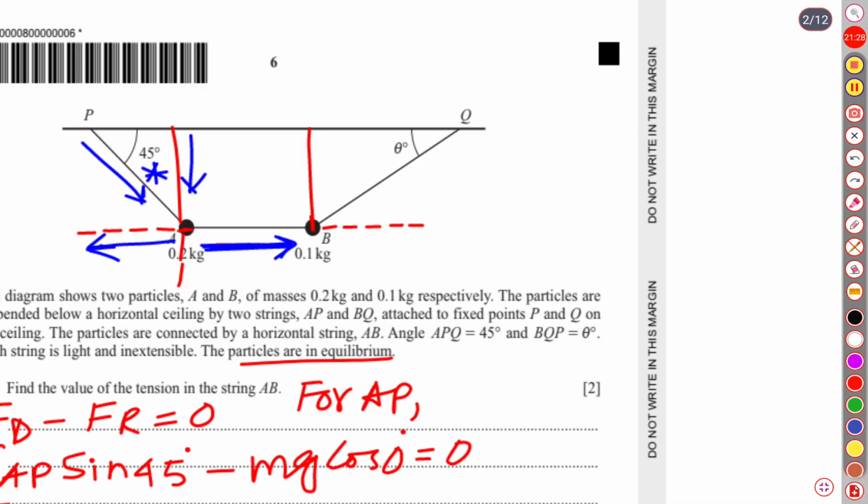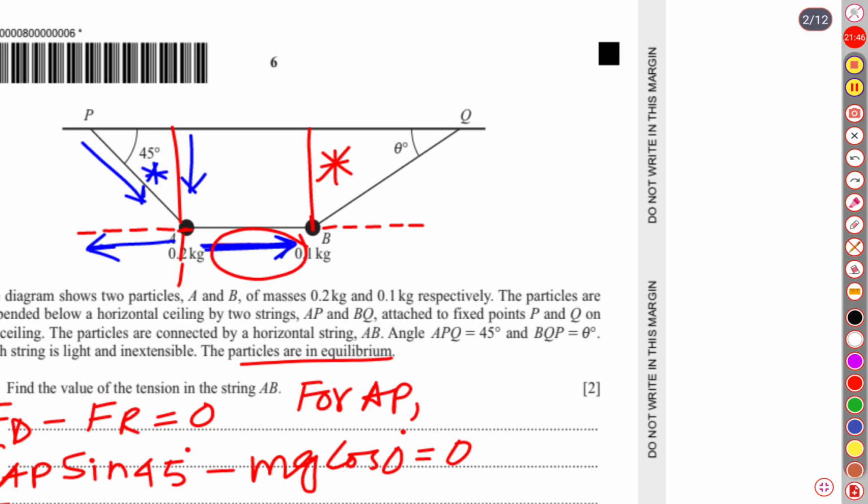And what is the negative force? For this triangle, the horizontal negative force is this part. Let me erase this first.